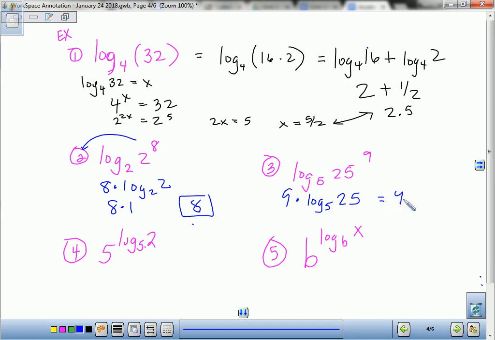So this becomes 9 times 2, which is 18. So when you're doing problems like these, you should look at log base 5 of 25 almost as if it's one number, because the answer to a logarithm is just the exponent.